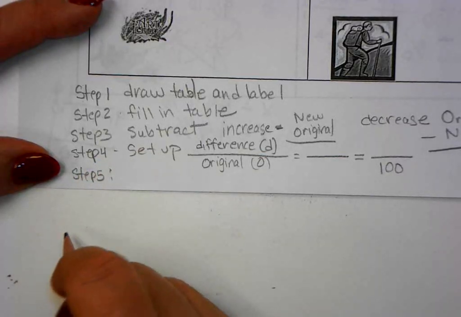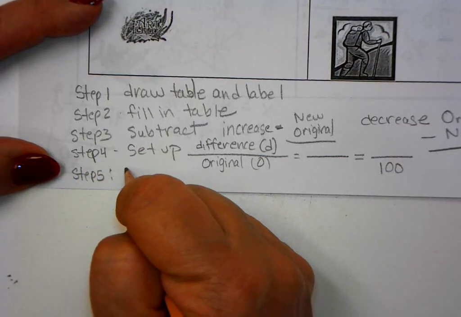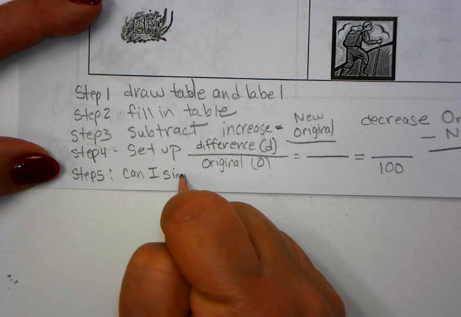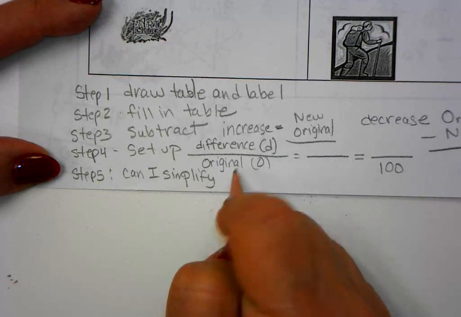And then step 5, you're asking yourself your questions. Can I simplify the fraction?